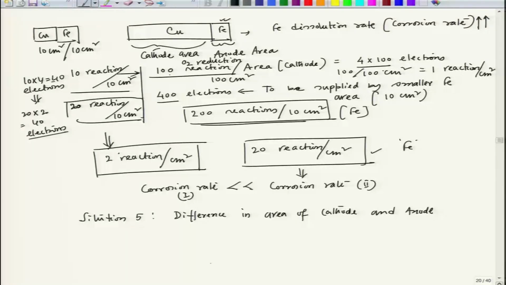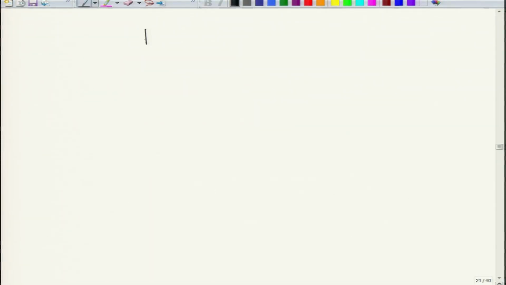but there is a little insight to it, because when we consider, let us say, equal area. So, this is cathode, this is anode, AC means cathode, A means anode.